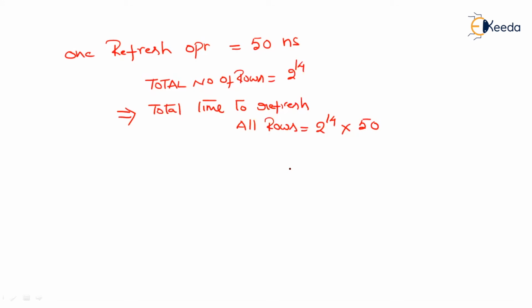If you multiply, you will get 819200 nanoseconds. Because each and every row must get refreshed, let me calculate it once again. 2 power 14 into 50 is equal to 819200 nanoseconds. Now, we need to calculate the percentage of the time.